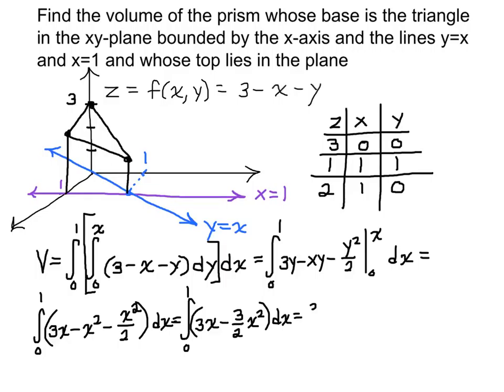That's going to be 3x squared over 2 minus 3x cubed over 2 times 3, and we're going to cancel out the 3's. Boom, boom, like that. And that's evaluated from x equals 0 to 1.